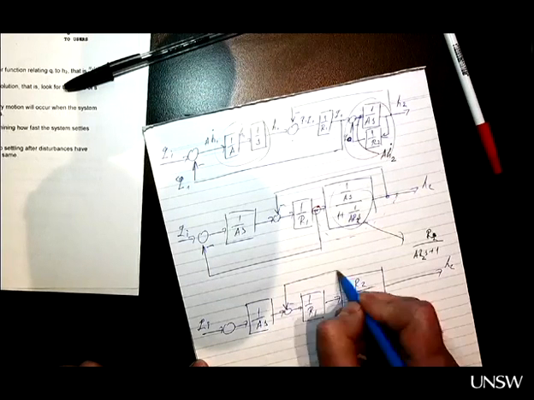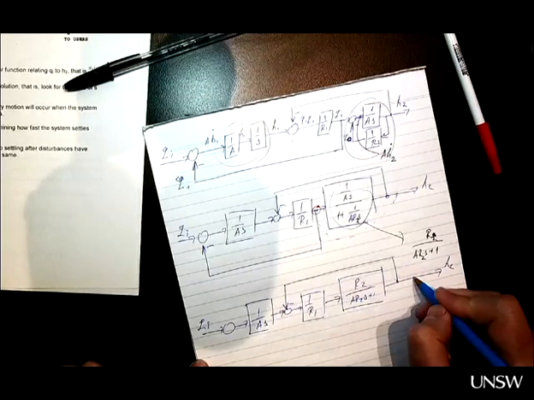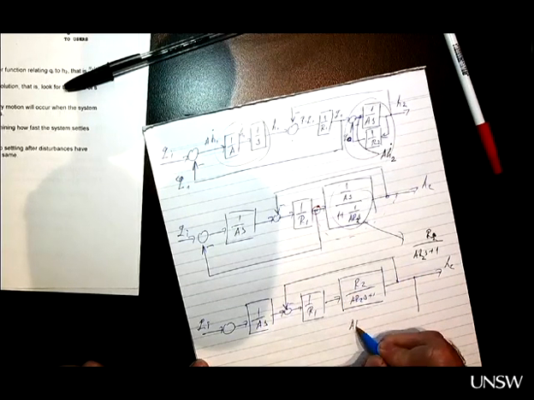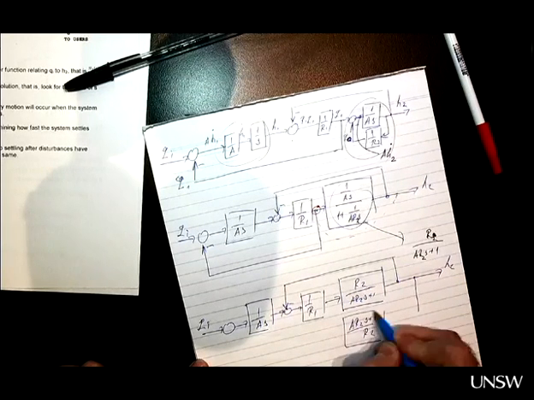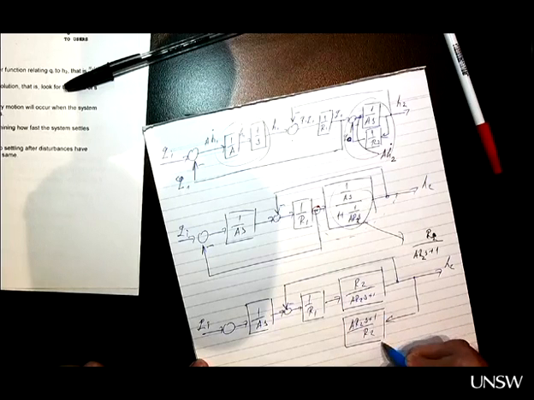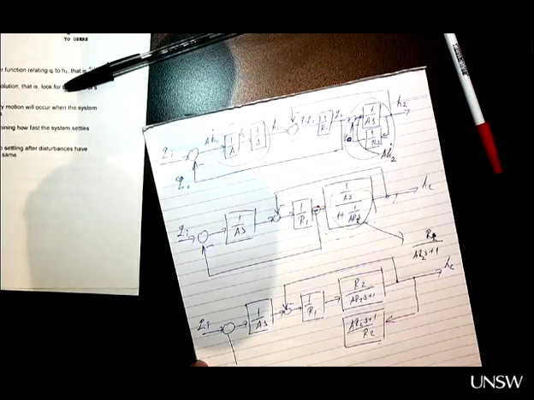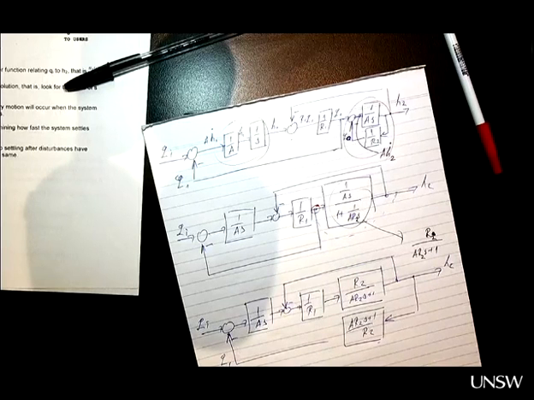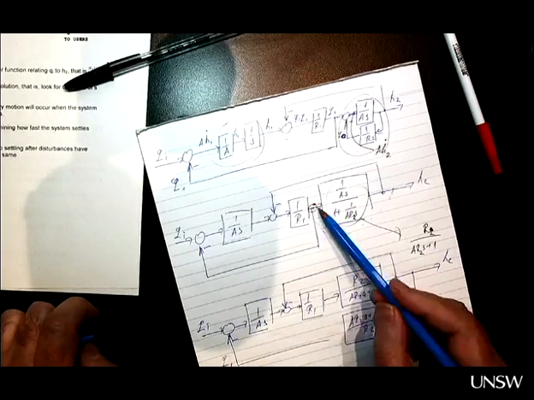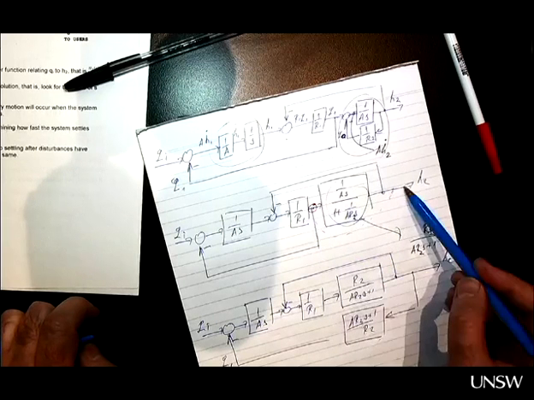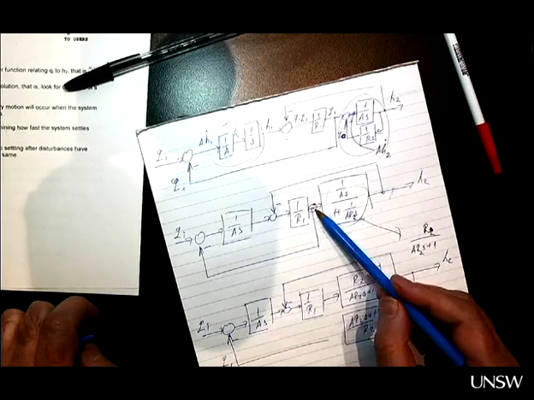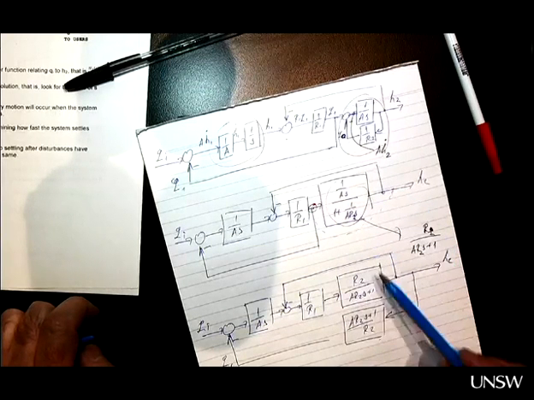And now here we have AR2S plus 1 over R2. Because we still want this signal to be Q1 here. So what we did by moving this junction downstream, we actually multiplied Q1 with what's in the box. Now we need to divide by what's in this box to get back to Q1.